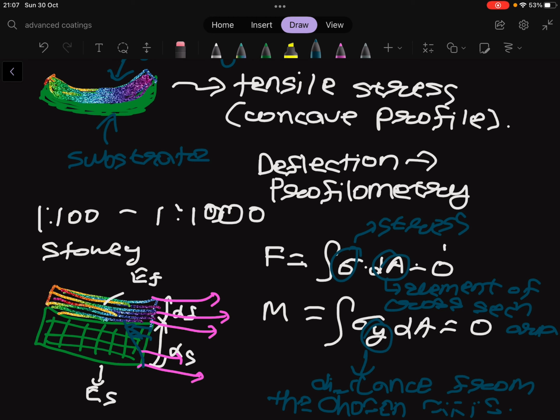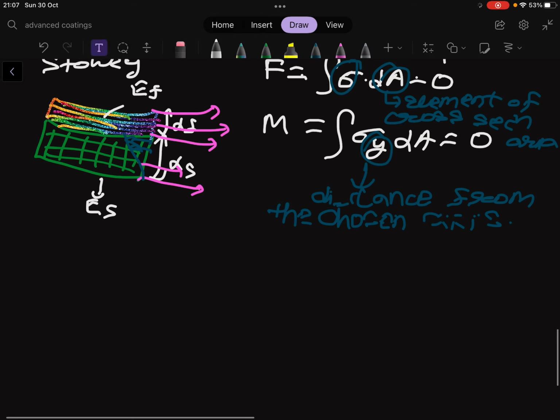Now, for sufficiently thin films, that is when df is very, very small compared to ds, a simplified expression for stress in the film can be derived.